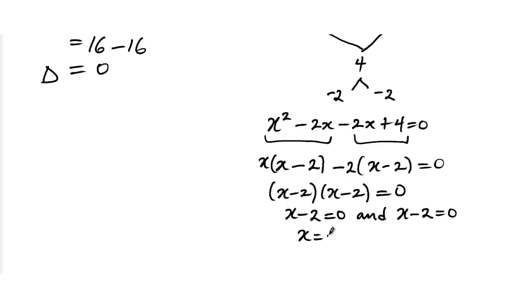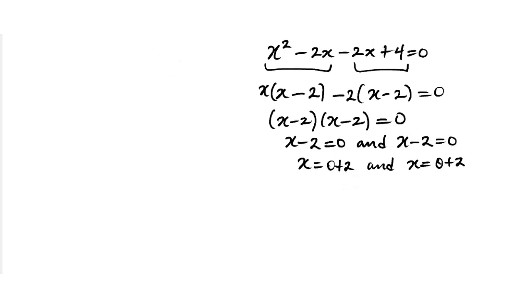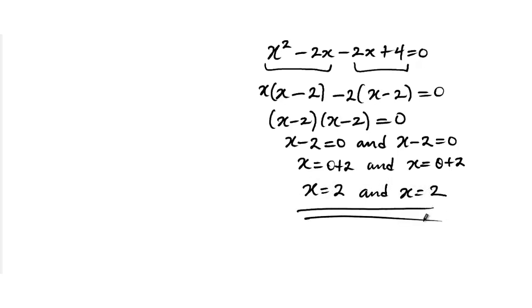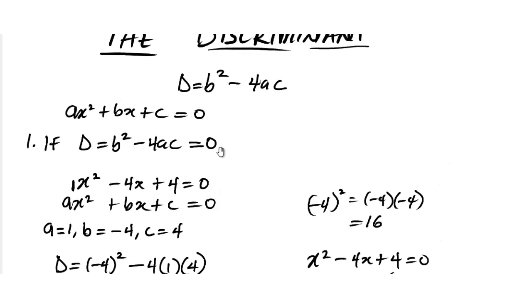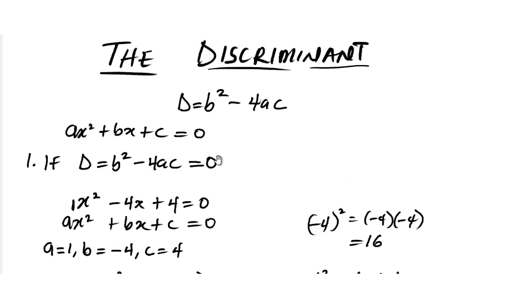So x is equal to 0 plus 2, and also x is equal to 0 plus 2. So if we solve further, x is equal to 2 and x is equal to 2. So this validates the proof we did here, that the roots are equal. Equal in this sense means that they are of the same root.